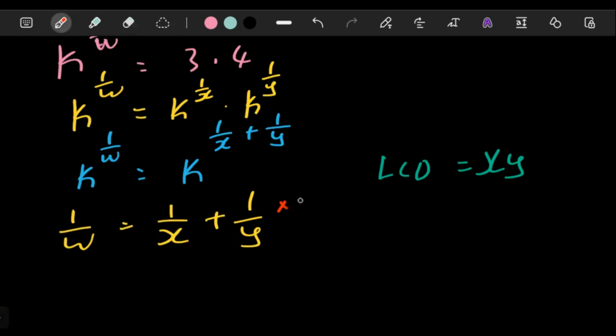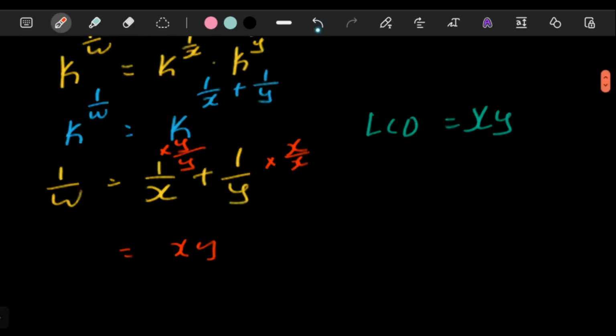So this is going to be times X over X times Y over Y. Now this is like XY. Is it XY? Yeah, XY plus XY over XY. Wait, what am I doing?